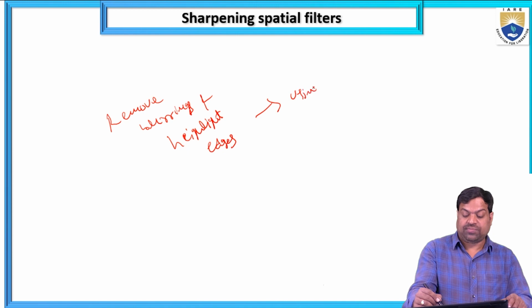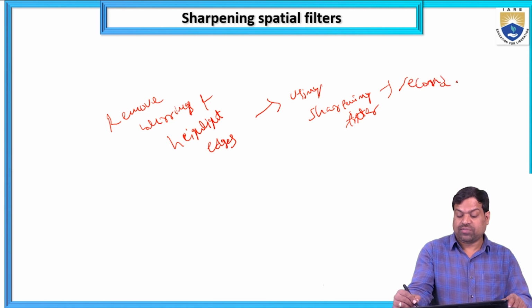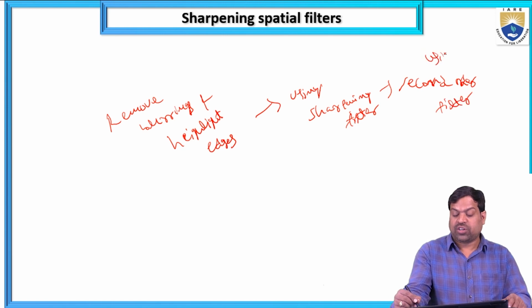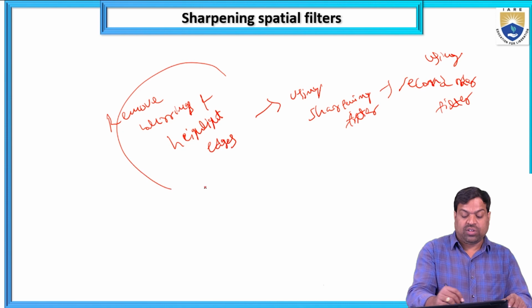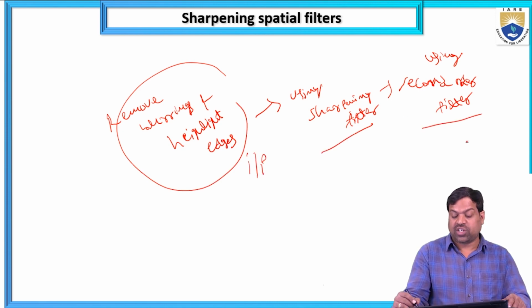Using the sharpening filter, using second order filter. Okay, so removing the blurring of the input image using sharpening, using second order filter.